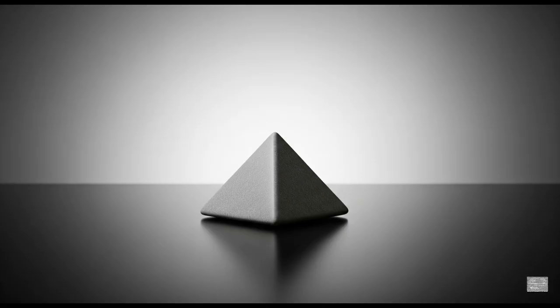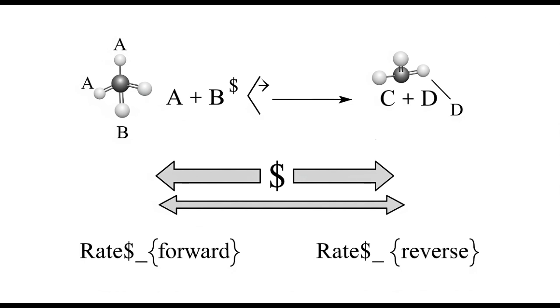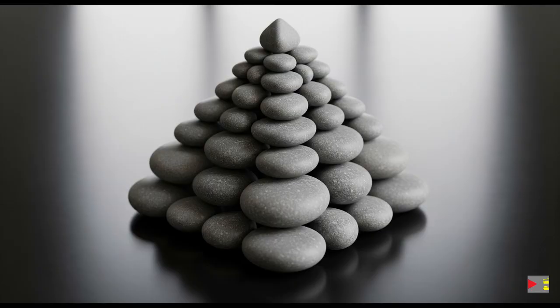Mechanical equilibrium is when there are no unbalanced forces within the system or between the system and its surroundings, no net work being done. Chemical equilibrium is when there is no tendency for the chemical composition of the system to change. The rates of forward and reverse reactions are equal. When a materials system reaches equilibrium, it is in its most stable state under the given conditions.